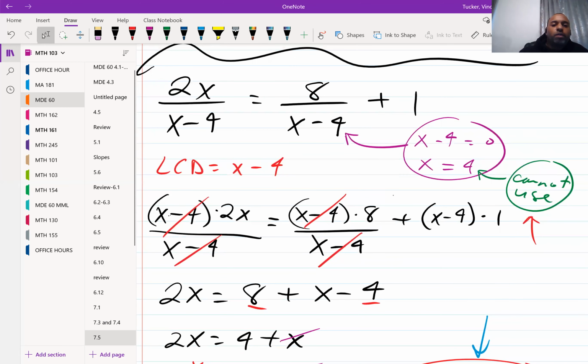So once again, over here in the purple, set your denominator equal to 0 and solve it for x. And that's the value that you cannot use. X minus 4 equals 0, add 4 to both sides. X is equal to 4. X equal to 4 is a value that I cannot use. If I plug in 4 right here, 4 minus 4 is 0, gives me 0 in my denominator. And that's what I do not want to occur.